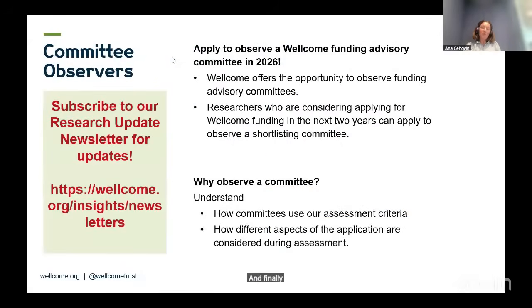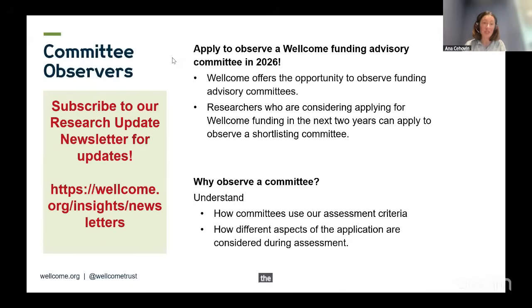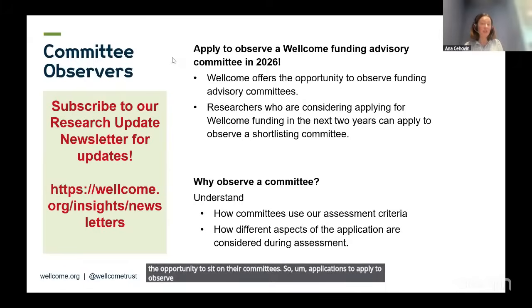And finally, before I say thank you for listening, I'd just like to mention that Wellcome is now giving researchers, particularly from LMICs, the opportunity to sit on their committees. Applications to observe a Wellcome Funding Advisory Committee will open soon for the 2026 year.